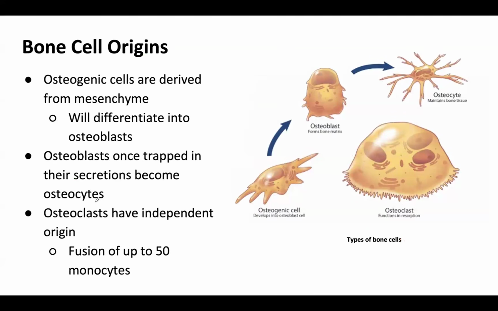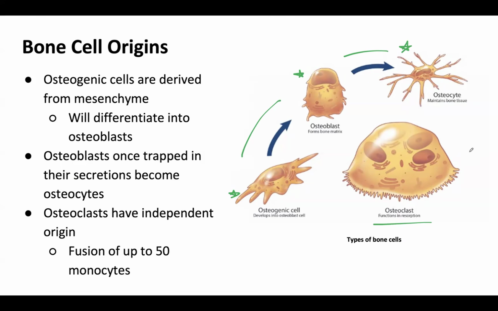To finish up, I want to reiterate in a few cases the origin of these cells. Three of the four cells are part of one life cycle. So osteogenic cells will turn into osteoblasts, and osteoblasts will turn into osteocytes. Osteoclasts are different. They have a completely separate origin.